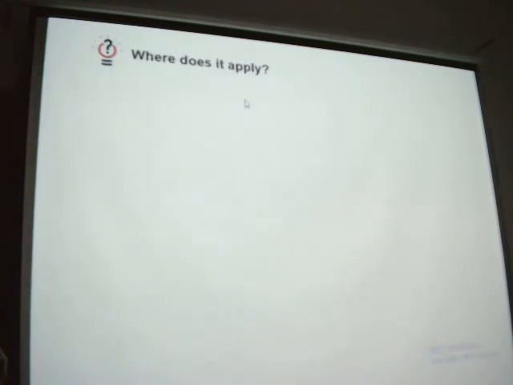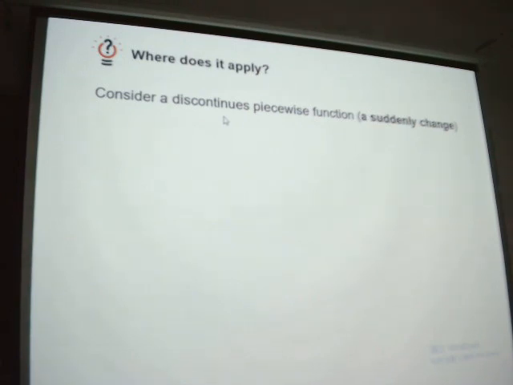So, where does this function apply to? If we consider a discontinuous piecewise function, that is like a switch in our circuit, okay? A switch will bring in a sudden change of our signal. Here we can look at this function.